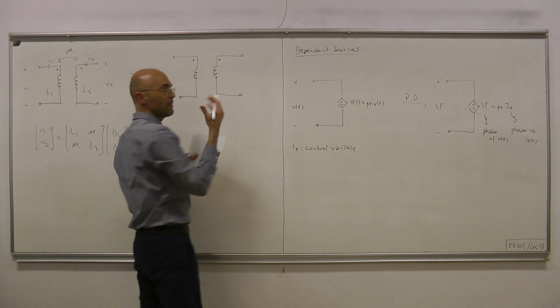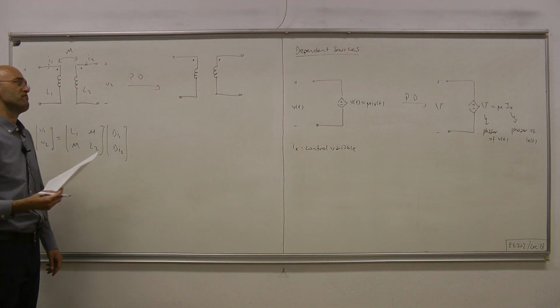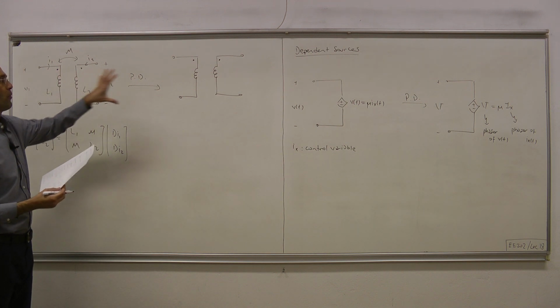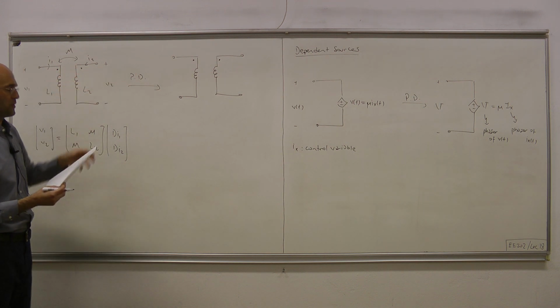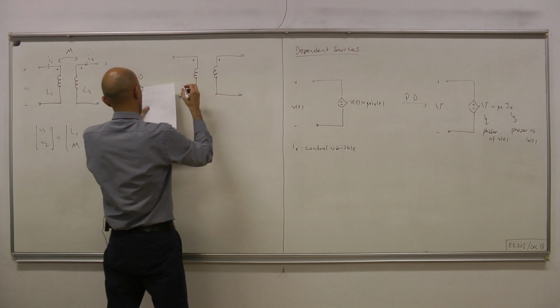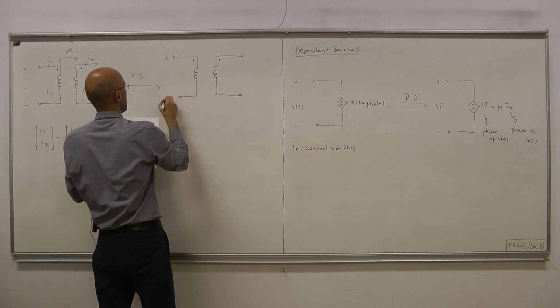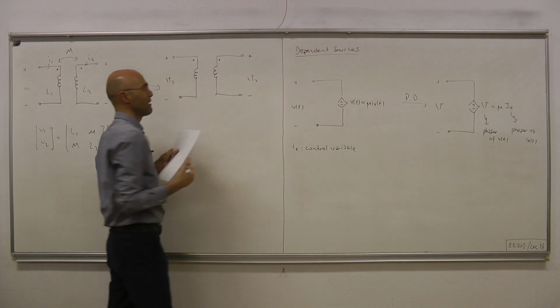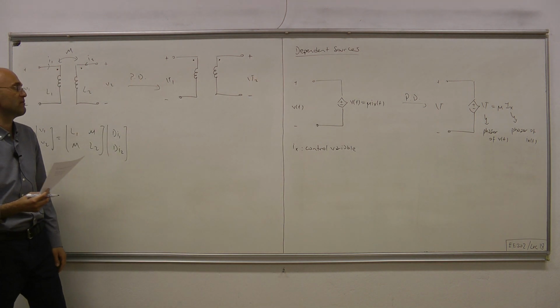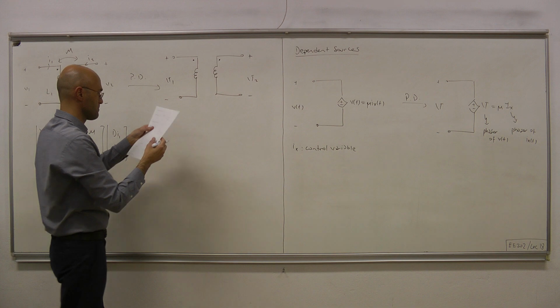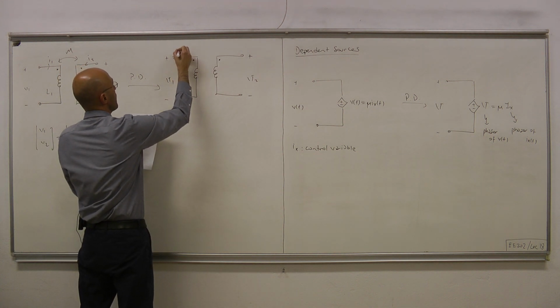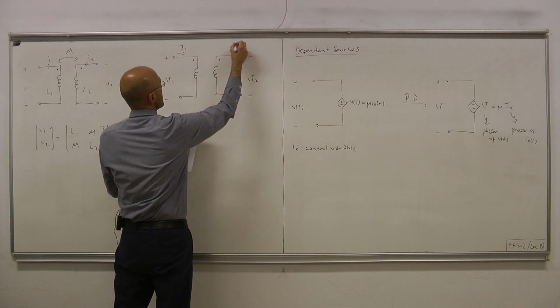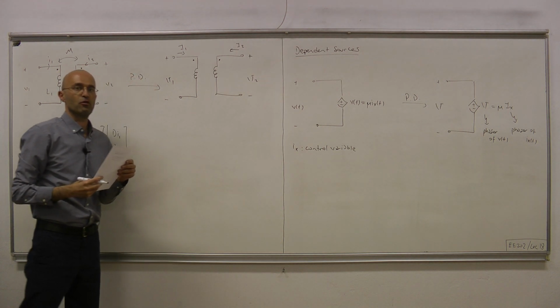So whenever we start eventually drawing circuits in phasor domain, we just draw the components the same. Here we have, instead of the time domain signals, their phasors. V1, V2 are the voltages. Here we have I1, here we have I2, the phasors of the currents.